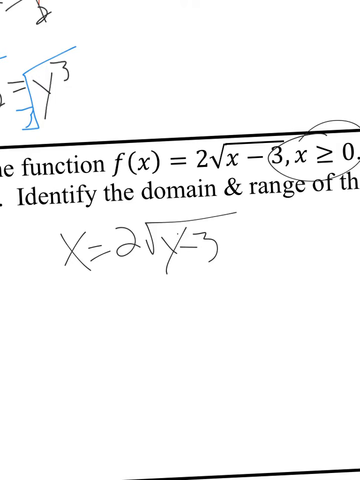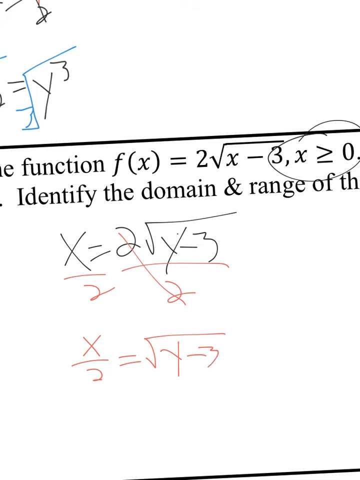So we will get rid of any number on the outside first, so I have to divide by 2 first. So that's 1/2 x, or x over 2, however you want to say it, equals the square root of y minus 3.